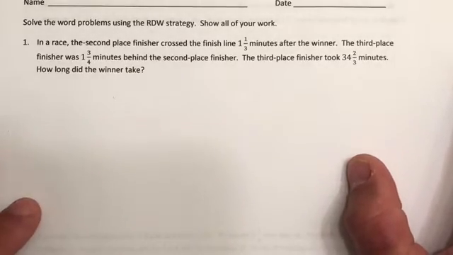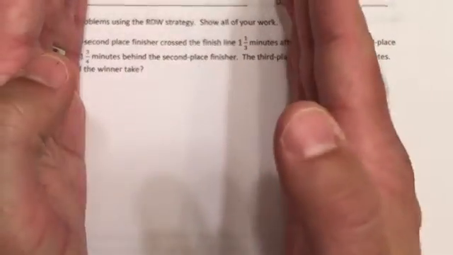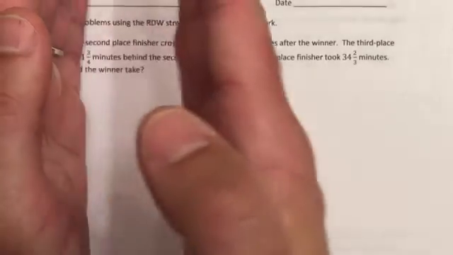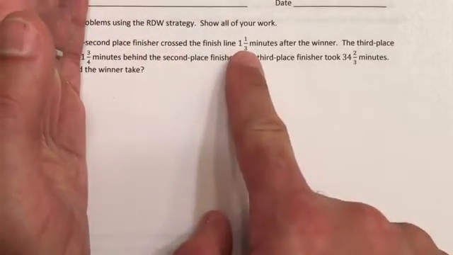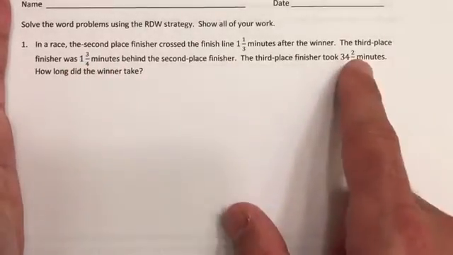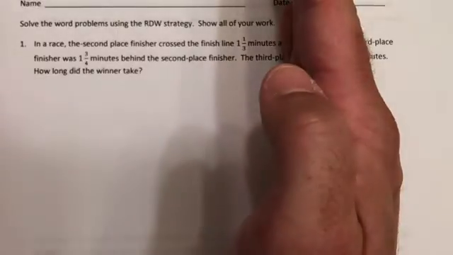So ladies and gentlemen, again, when you have a winner in a race, then the next place, and the next place, if we knew the winner's time, we would just add on 1 1/3 to get the second place, and then we'd add another 1 3/4 to find the third place's time. But we know the third place, so we're going to have to work backwards in this case.